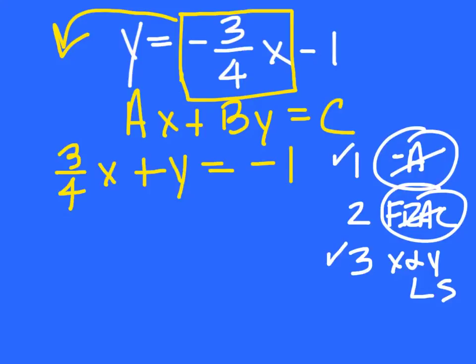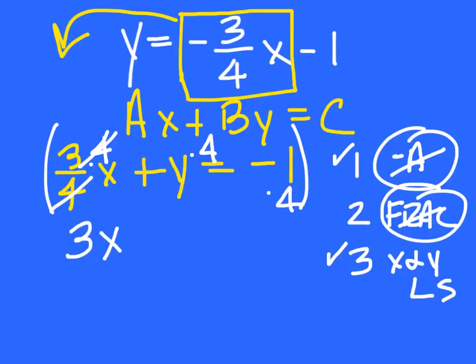We have a positive a term, the 3/4, but we have to get rid of the fraction. So what do I multiply everything by? 4. So when I multiply through by 4, times 4 there, times 4 there, and times 4 there, these cancel out. So you have 3x plus 4y equals a negative 4.